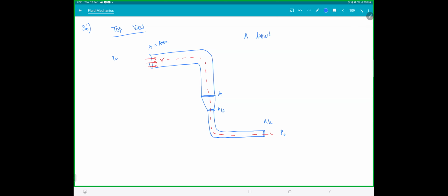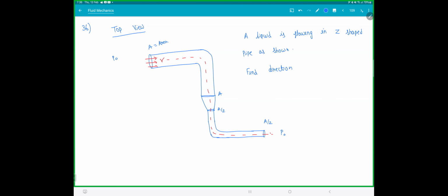So exam options will be like this. A liquid is flowing in a Z-shaped pipe as shown. Find the direction of the force and the torque on the pipe. So options will be like this. The pipe will move towards the right, rotate clockwise.